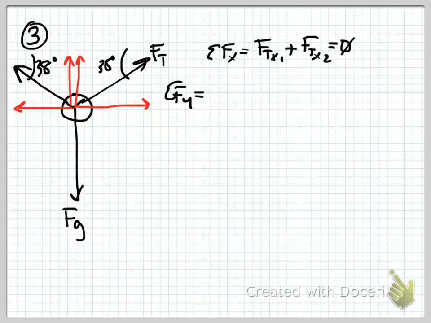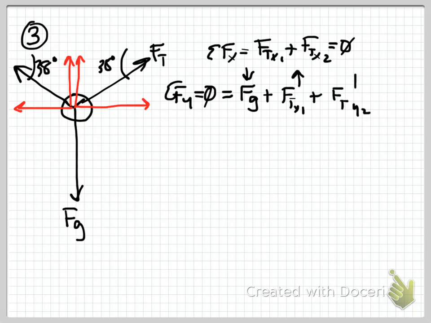On the y, they're also 0 because this kid is suspended, and we've got gravity down, force of tension on the y1 up, force of tension on the y2 up. We know that these 2 things are the same.